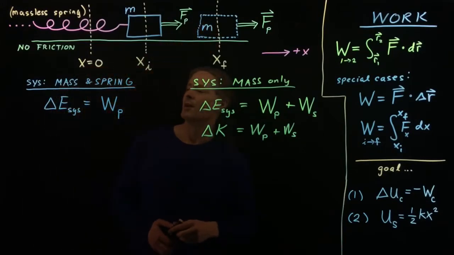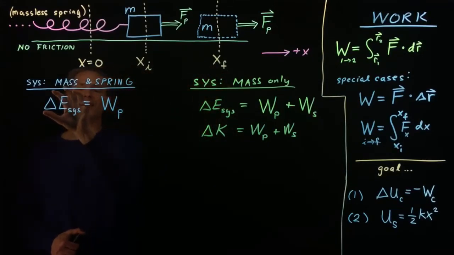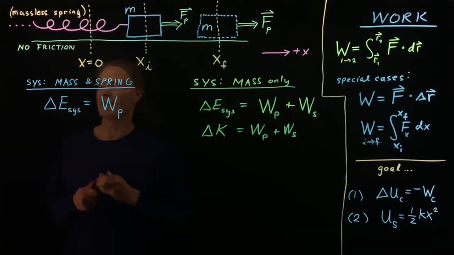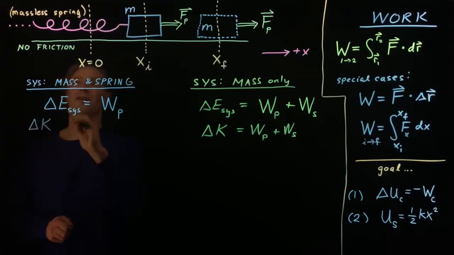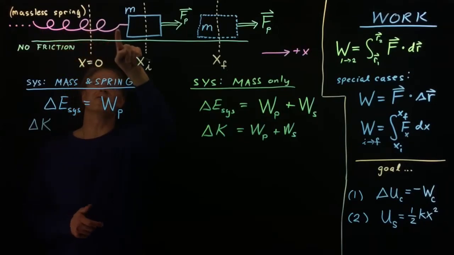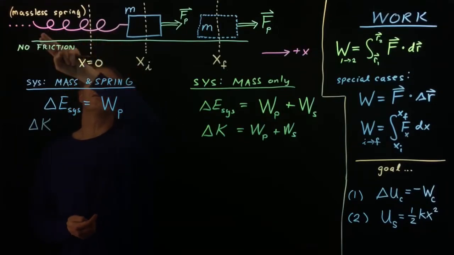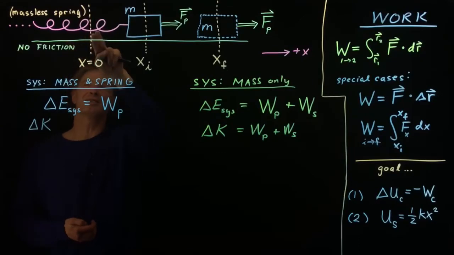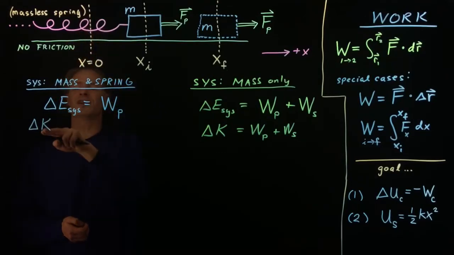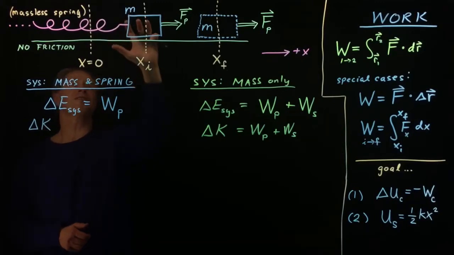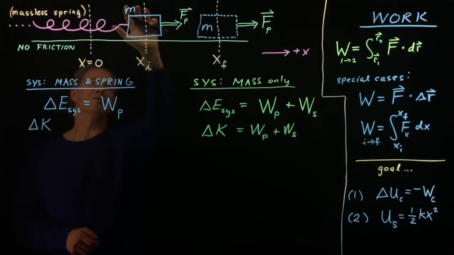But the change in energy of the mass spring system is a little more complicated. I've got the change in kinetic energy of the system. Since the spring itself is approximately massless, it has no kinetic energy and no change in kinetic energy. So the change in kinetic energy here is still just the change in kinetic energy of the block.